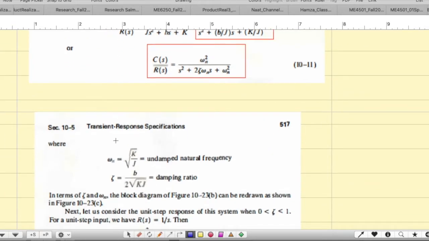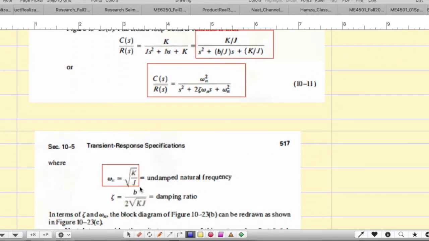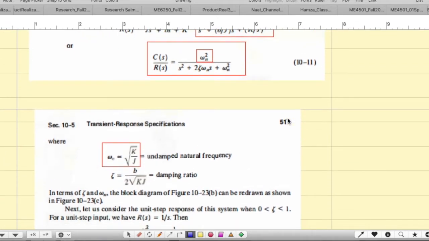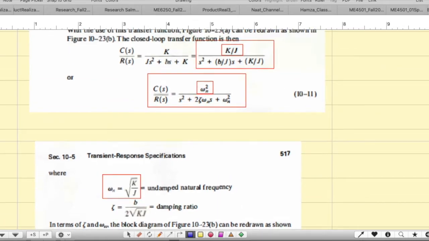So omega n comes out to be square root of k over J, which is this part, the numerator being omega n squared. You just take the square root on both sides, and zeta is not that difficult. You just compare the s terms in the denominator.